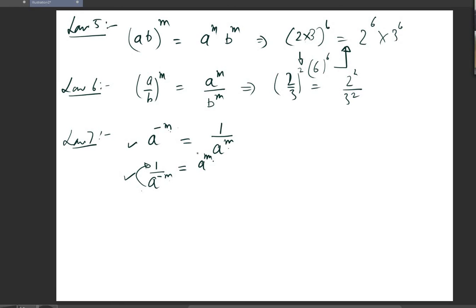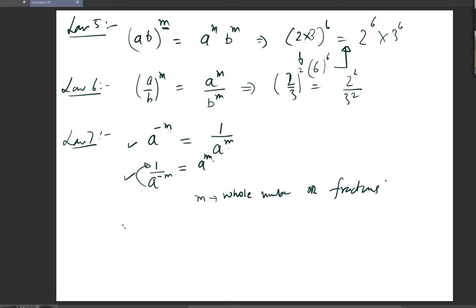All of these laws are absolutely fine whether your m is a whole number, a fraction or a rational number. The rules will still stay the same. In that case, the concept of surds comes into the picture.